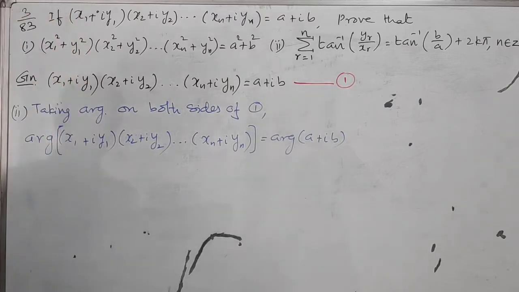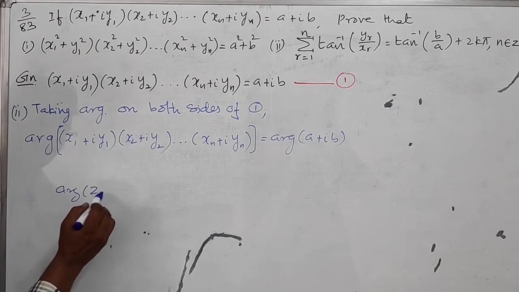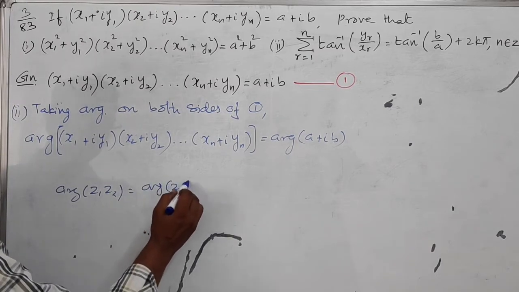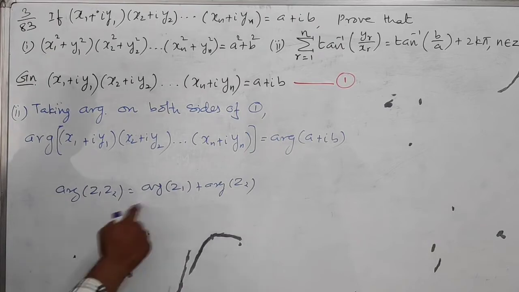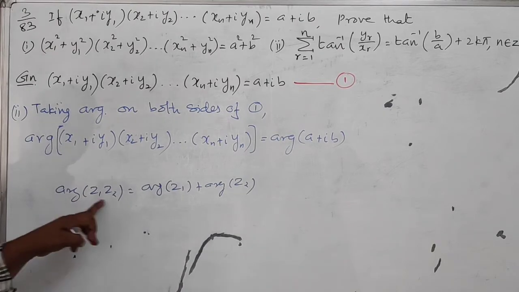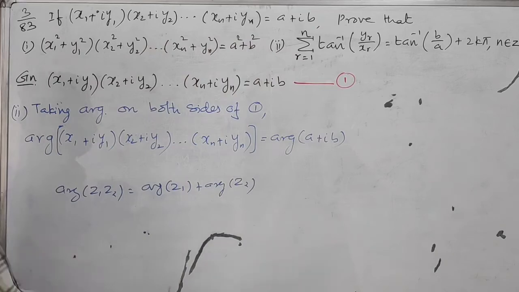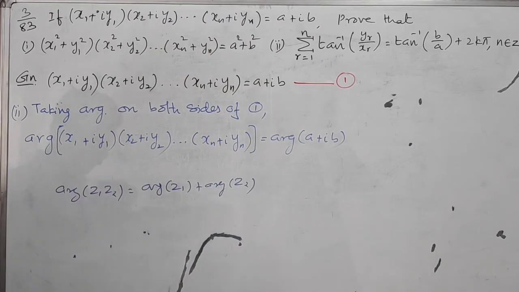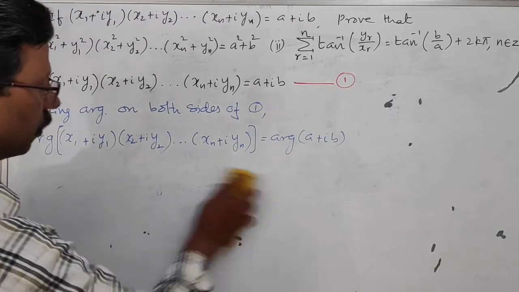Now after this, we know very well this property, argument of z1 into z2 is equal to argument of z1 plus argument of z2. Based on this property, here we have taken only two complex numbers, but this can be extended for the product of n complex numbers. Therefore, it can be written as the sum of their arguments.